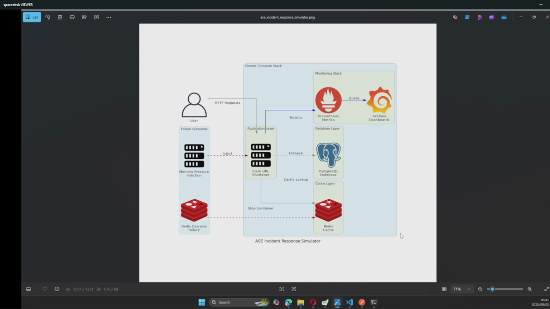I feel like ASE skills aren't just about tools, like the monitoring stack or Prometheus, but about methodology: system detection, structured investigation, professional communication, and validated recovery. And that's it for the ASE project.